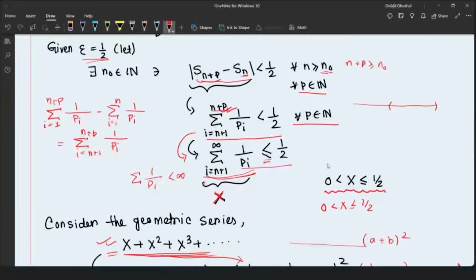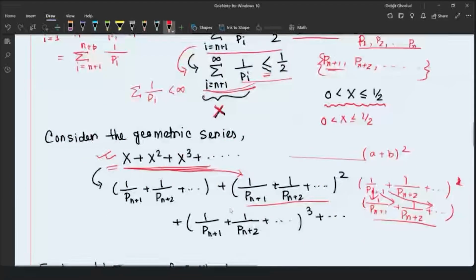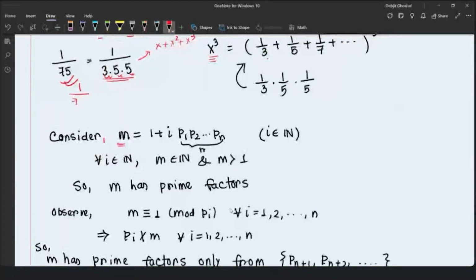Now see which primes we are considering here: pn plus 1, pn plus 2, and all primes after pn plus 2. Beyond this there are only finitely many primes, p1, p2, up to pn. So here I am constructing a natural number m equals 1 plus r into p1 p2 up to pn.